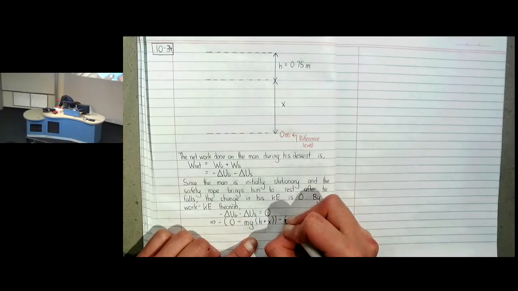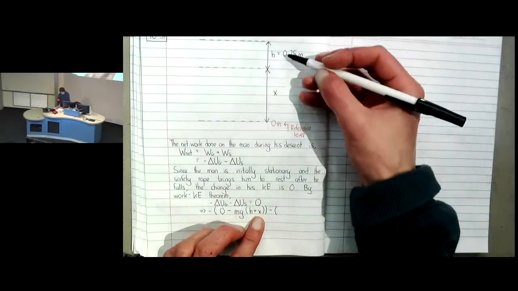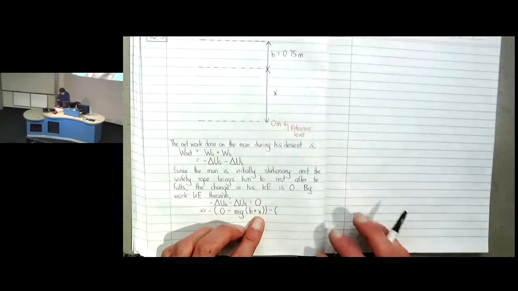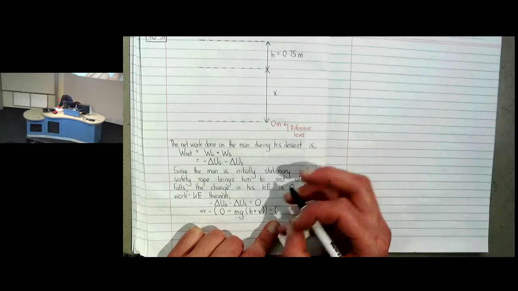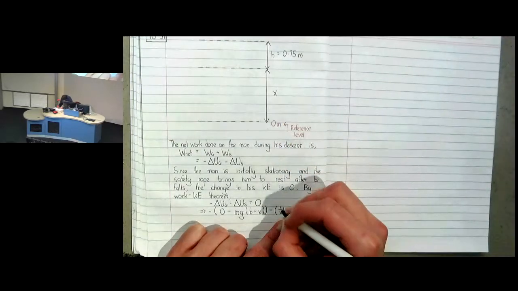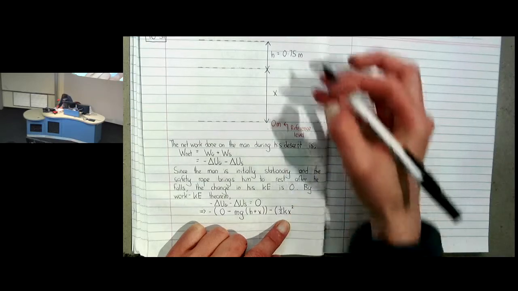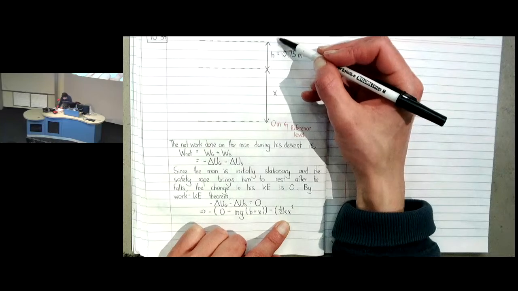And now we have to take away the change in his elastic potential energy, or the elastic potential energy of this climber rope system. And so the final elastic potential energy then is going to be a half times the spring constant of his safety rope times this x squared. Now when he initially starts falling, his safety rope wasn't stretched at all.